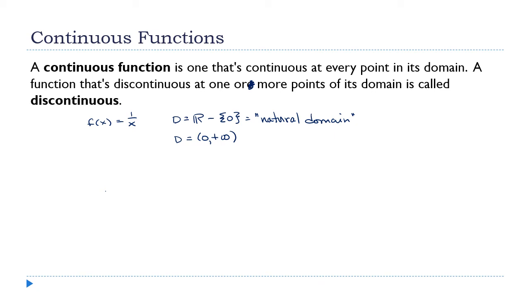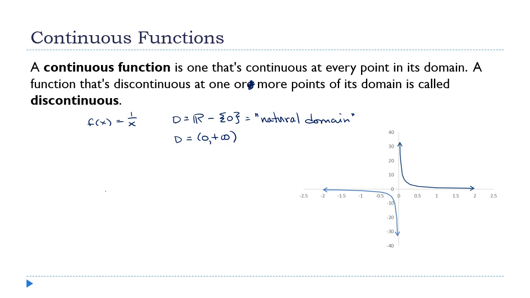Okay, because this creates some interesting situations for us. Take a look at this function. This is our old friend f of x equals 1 over x. So let me ask, I want you to really think about this for a minute. Is this function continuous? See, that's a question that we can't answer on its face, because you have to know the domain, right?